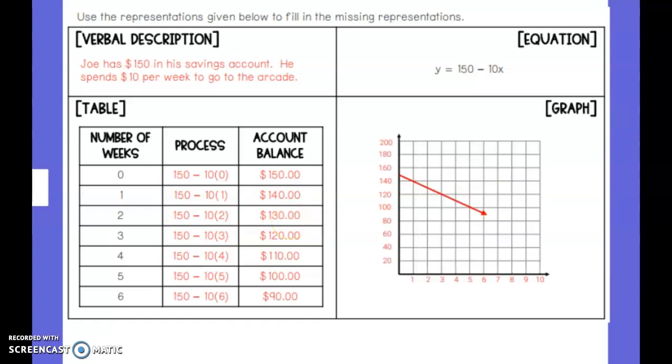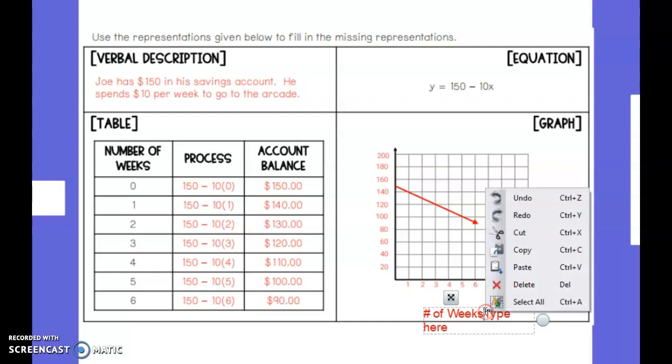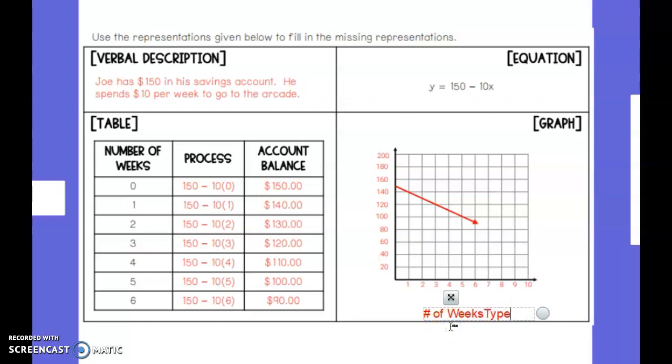And then you're going to go to your graph. Create your intervals. Make sure that you label your graph. Your x-axis represents the number of weeks, and your y-axis represents the account balance.